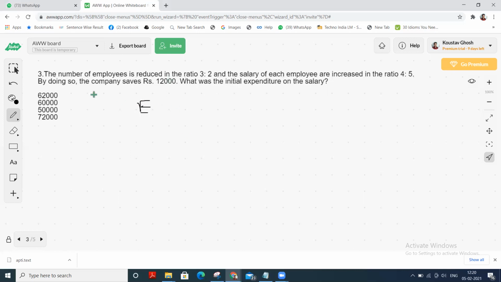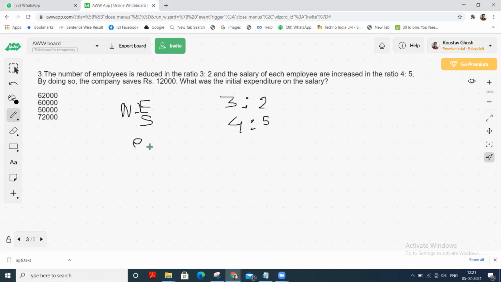Employees, previous is to now, means initial is to final, that is 3 is to 2. Okay. Now salary, that is S. This is the number of employees. So now 4 is to 5. Okay.